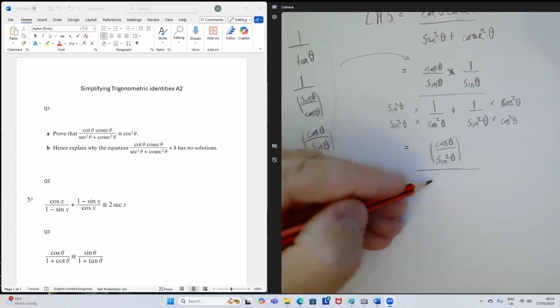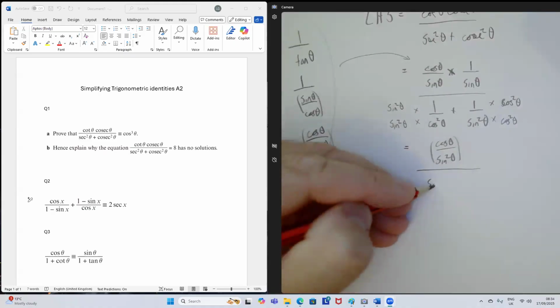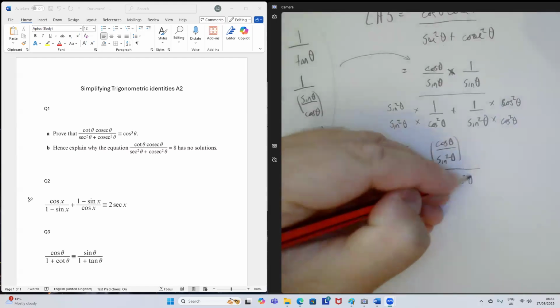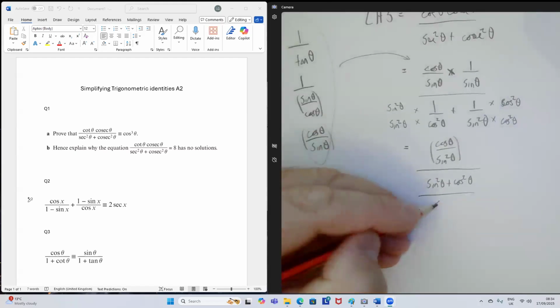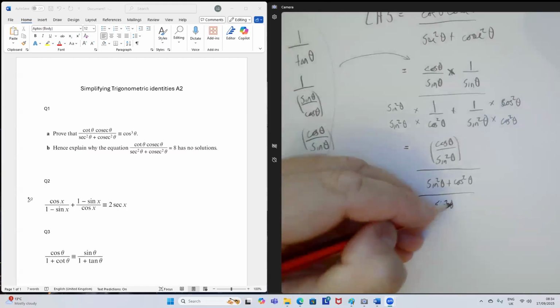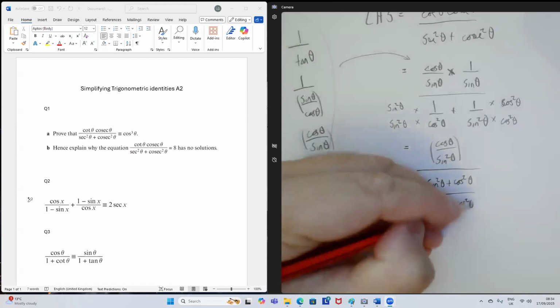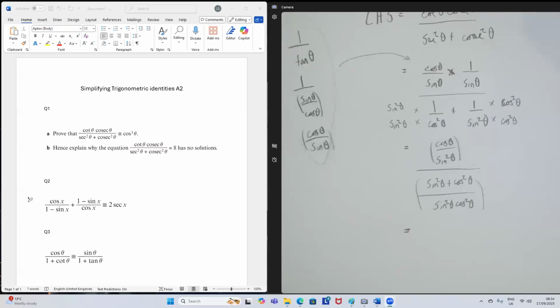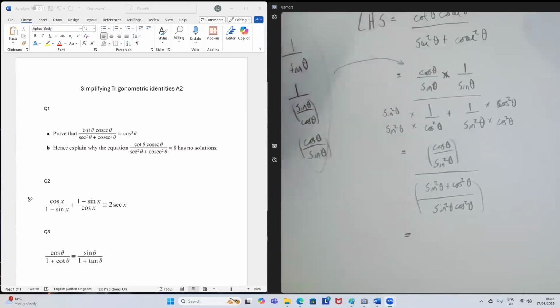And when I do that, bringing that together, I end up with sine squared theta add cos squared theta all over sine squared theta cos squared theta. So usually when you combine them into one fraction, you'll very often find that something really useful happens. And indeed, that's the case here.